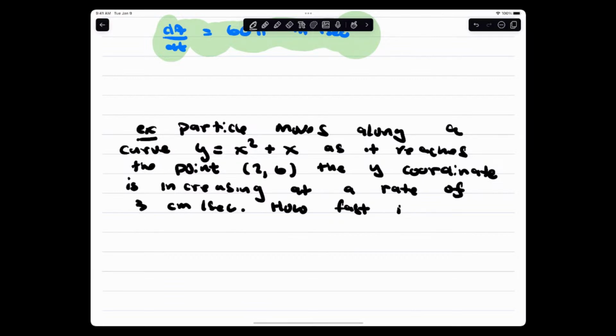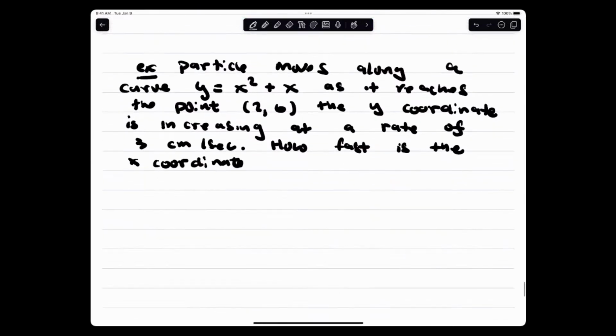How fast is the x coordinate changing at that instant?